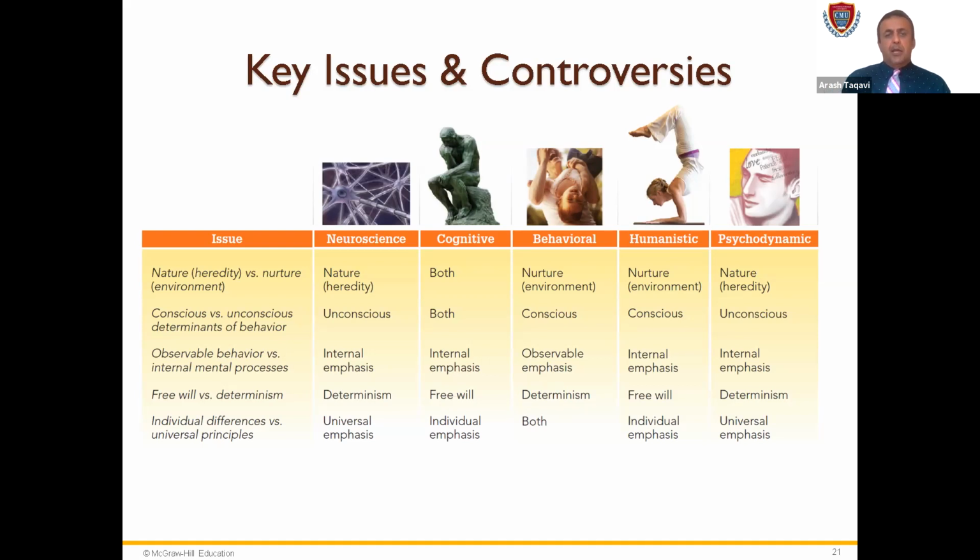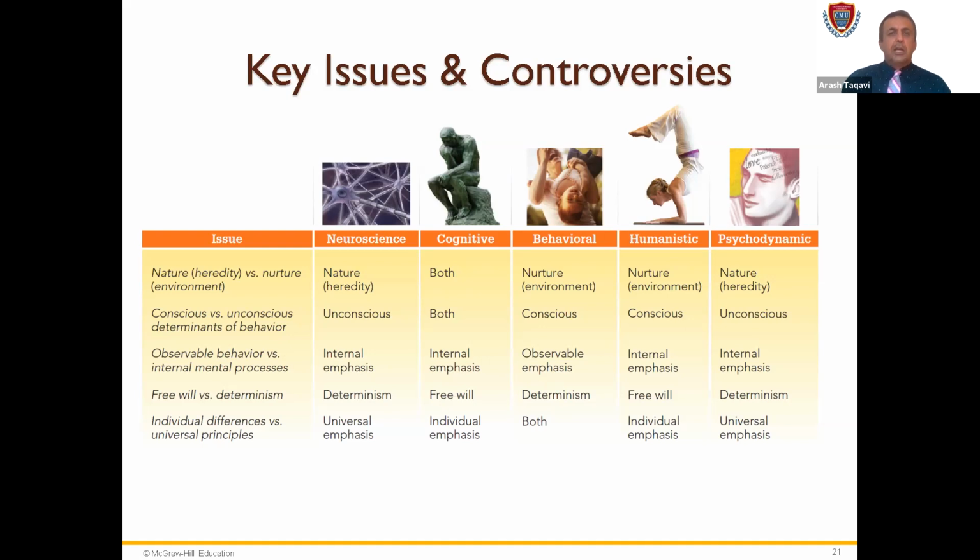And observable behavior and internal mental processes: in neuroscience, we talk about internal processes because we are talking about the brain. And also in cognitive science, cognitive psychology and cognitive therapy, we are talking about your cognition, about your minds, about your beliefs. So we are talking about the internal parts of your mind.